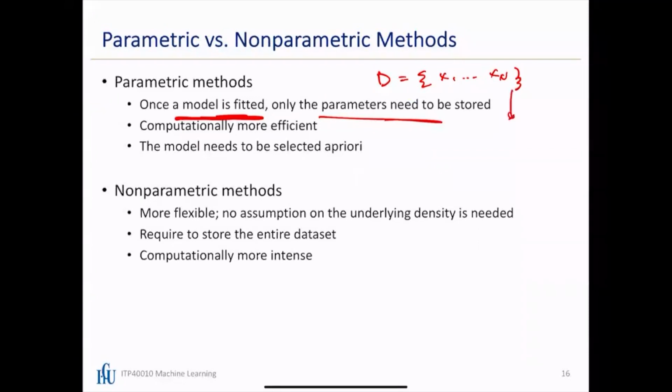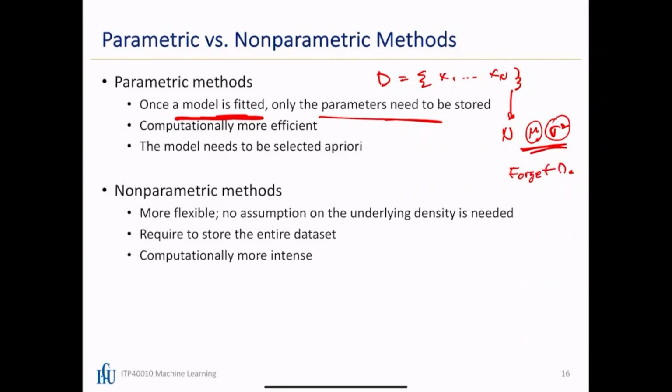But from here, you assumed a Gaussian distribution, and you estimated the parameters mu and sigma square. Once you have done it, you just need to memorize mu and sigma square, and that's it. You don't need to keep the data. That's the advantage of a parametric method.